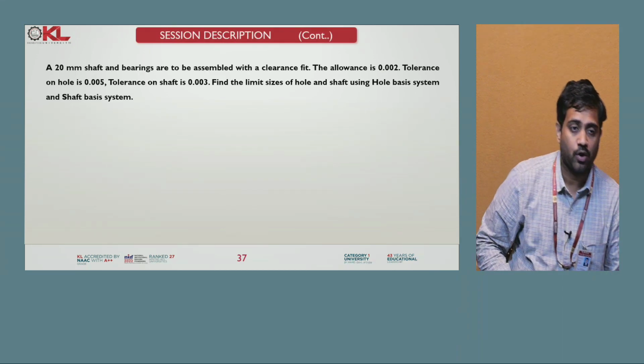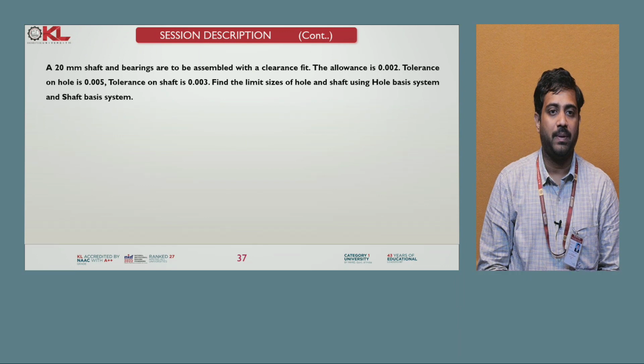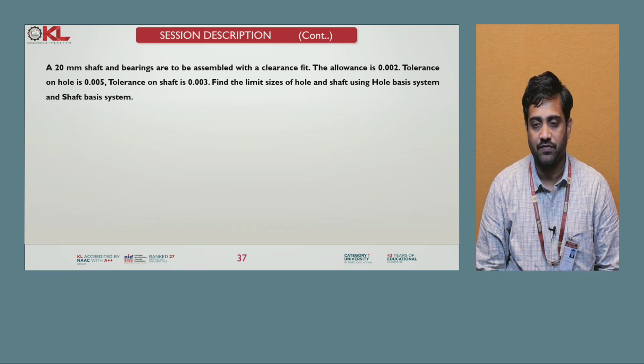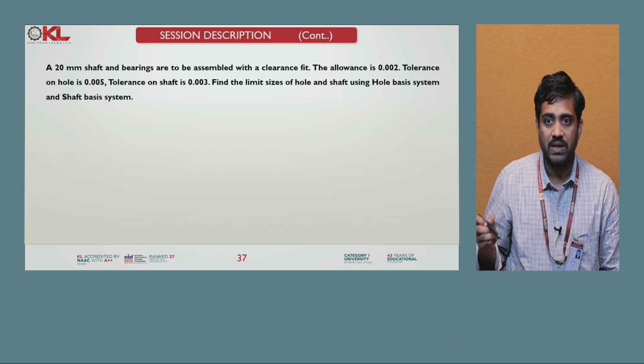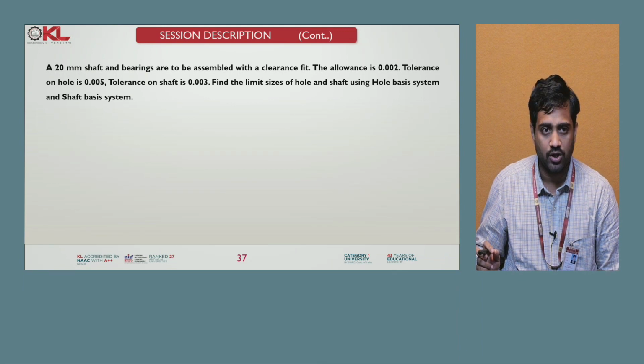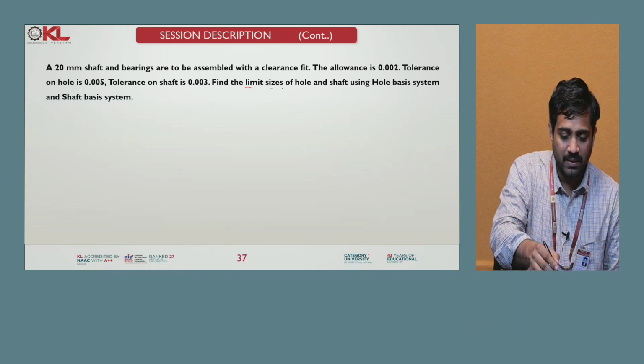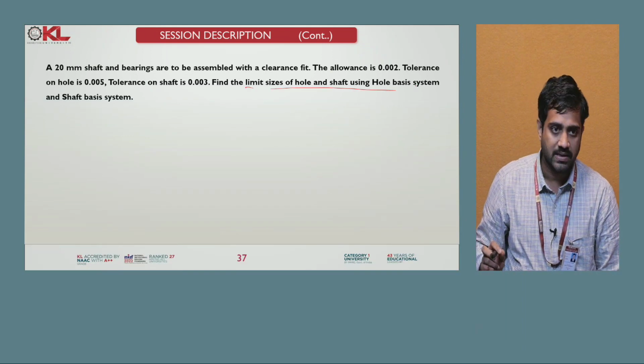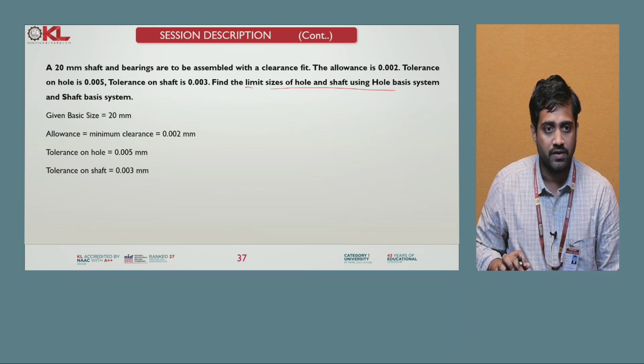Let me do one small problem. A 20 mm shaft and bearings are to be assembled with a clearance fit. The allowance is 0.002, tolerance on hole is 0.005 and tolerance on shaft is 0.003. Find the limit sizes of hole and shaft using hole basis as well as shaft basis system. First I am writing the given data.